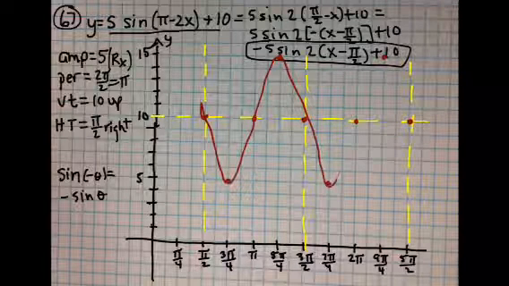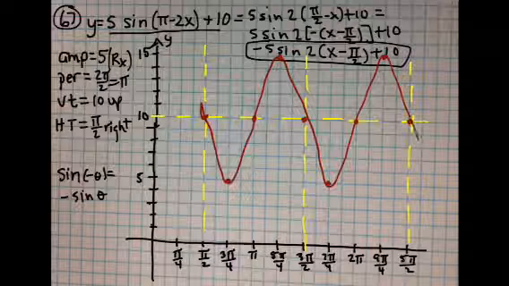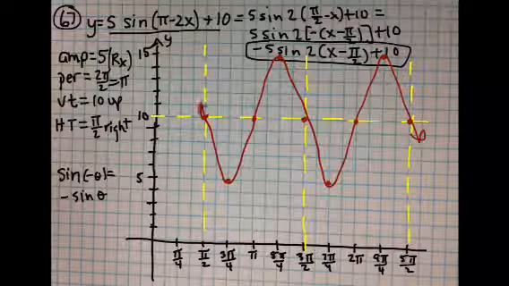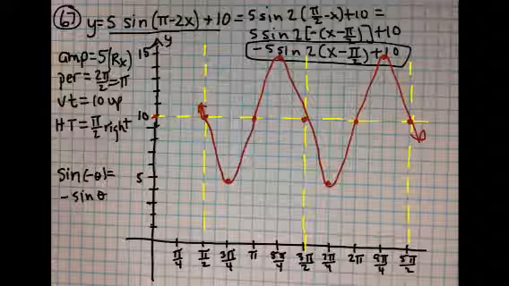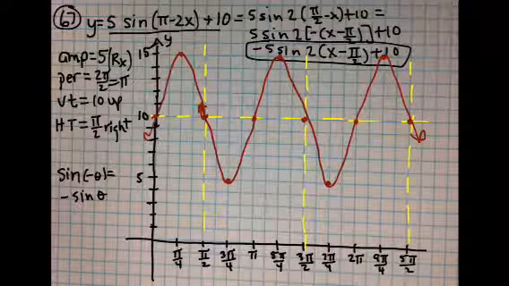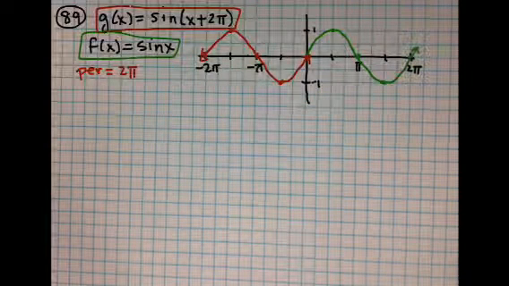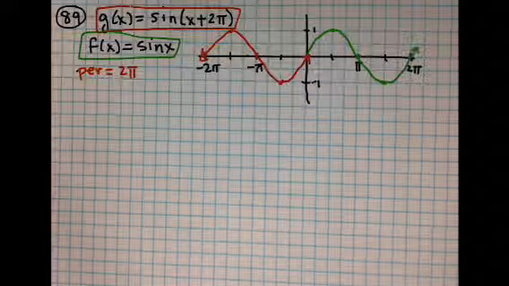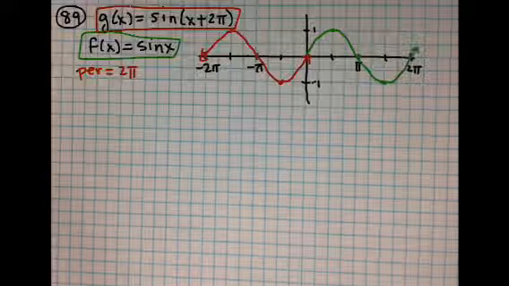Sorry about the crooked line. There it is. Okay, so if you wanted to extend to the left, this is how it would go. Like that. Okay, so number 89, we have g of x moves to the left 2 pi units, but remember these graphs go on forever, right?